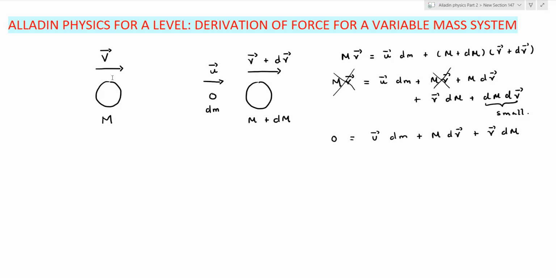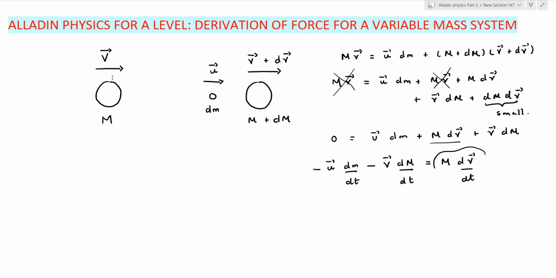Now let's move everything to the other side and keep this on the right side. So you're going to have minus u vector dm minus v vector dM equal to capital M dv vector. If I divide by dt, I have it like this. This is also divided by dt.